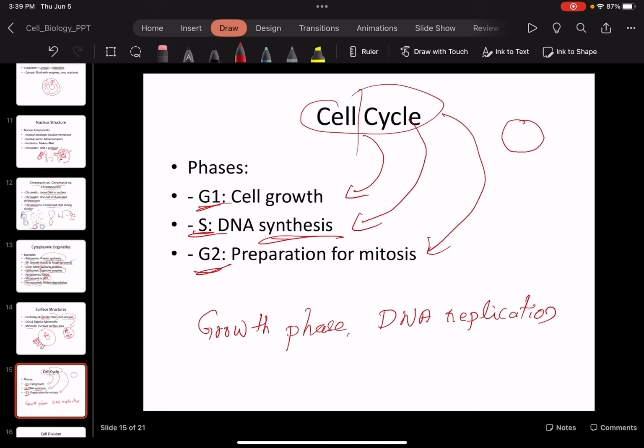In G1 and G2 the cells are growing and doing their functions, whatever the cell is for. In S phase the DNA replicates and makes a copy, which is why 46 becomes 92 after DNA replication.